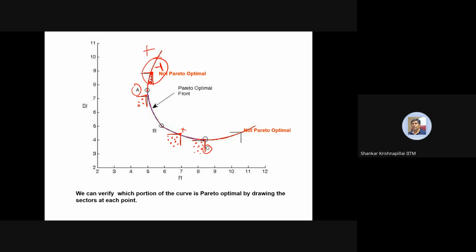Similarly, if you take a point Q here, all these points have lower F1, F2 values than Q, so Q is dominated by all these points. So the Pareto optimal part is only from A to C.